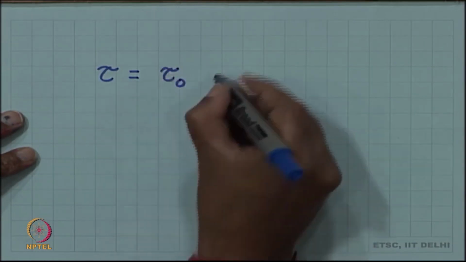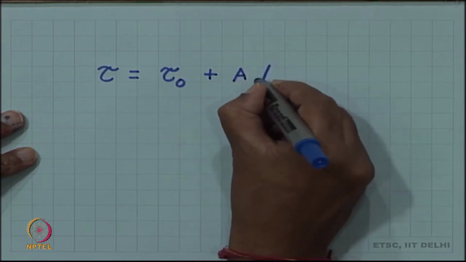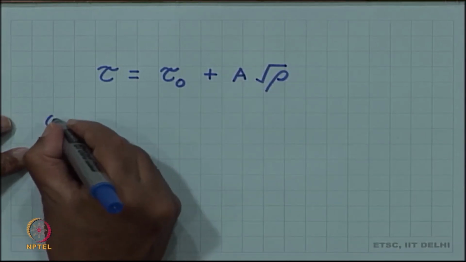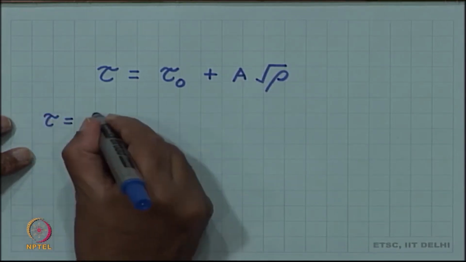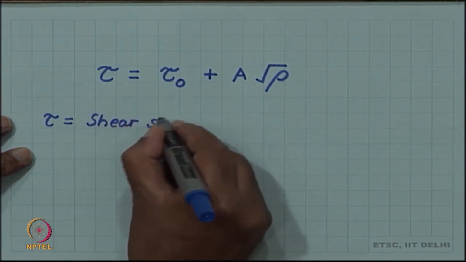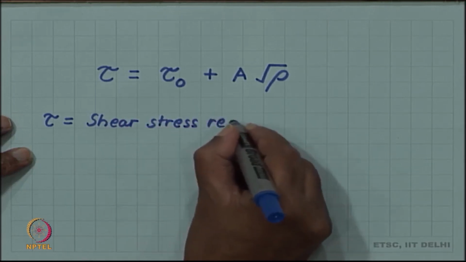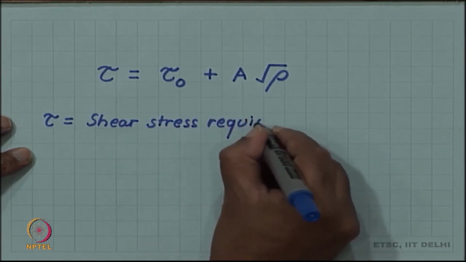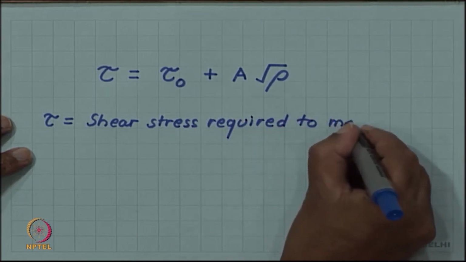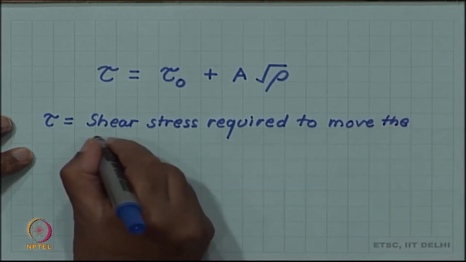the relation as tau is equal to tau naught plus A square root of rho, where tau is the shear stress required to move the dislocation.